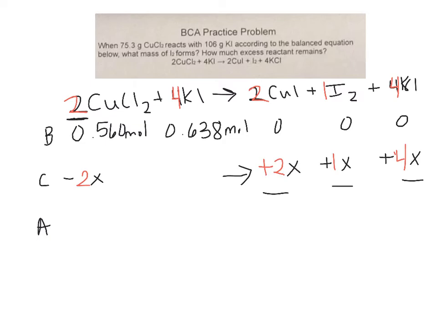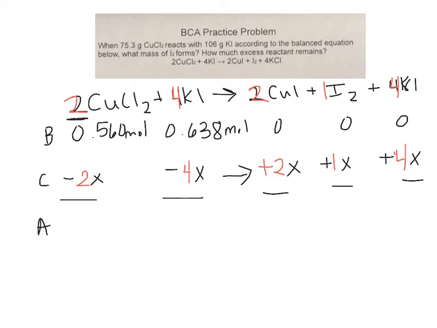And then I'm going to lose the potassium iodide by 4x. This is all based on stoichiometry, and by the way, the only place that you have to worry about these coefficients in a BCA problem is right there in red. The change part is where you use those coefficients.